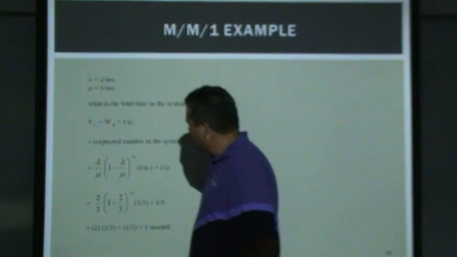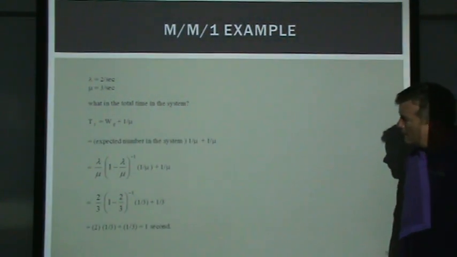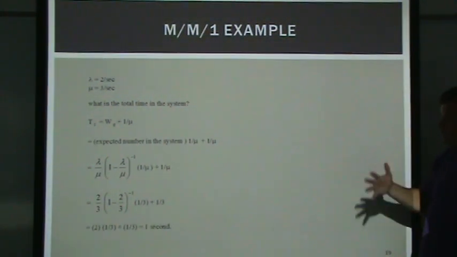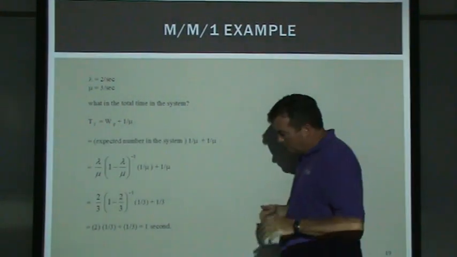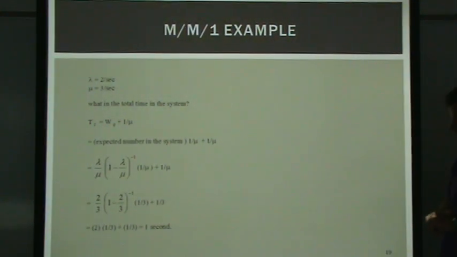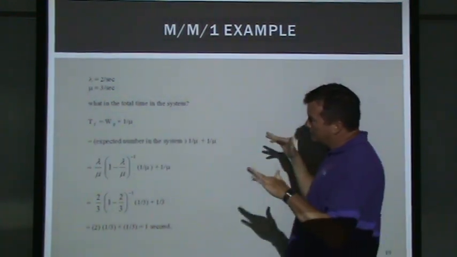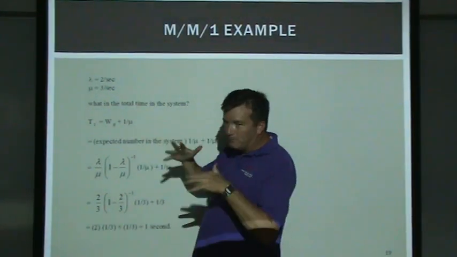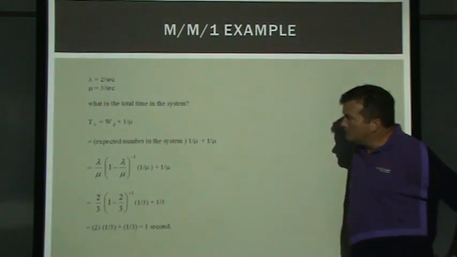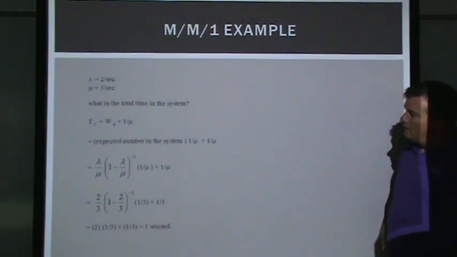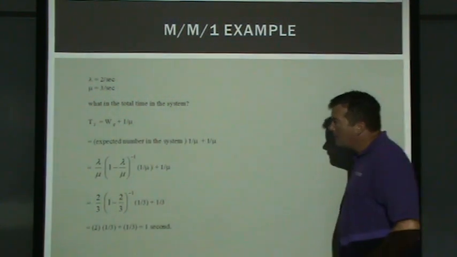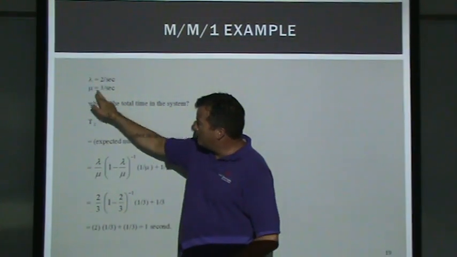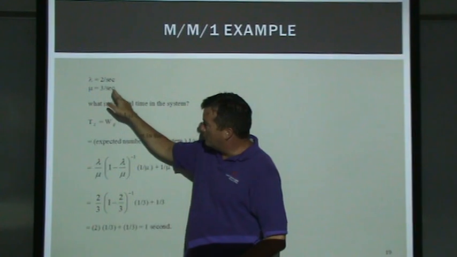So here's an example of a queuing system. We arrive at a queue, so this is going to be an M/M/1 queue. Our performance monitoring statistics have told us that arrivals are coming into the queue at a rate of 2 per second, and the service rate of the server is 3 per second.